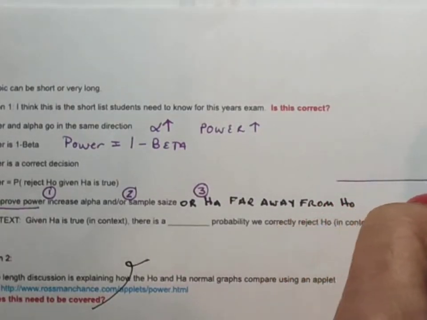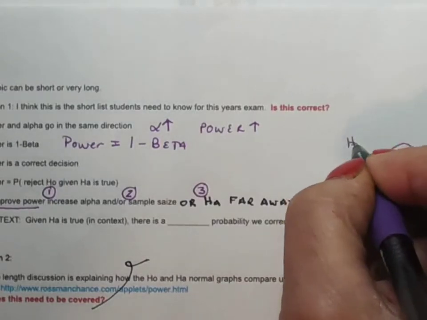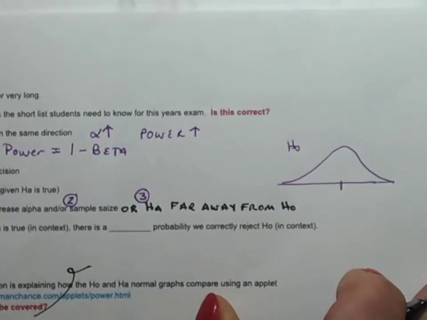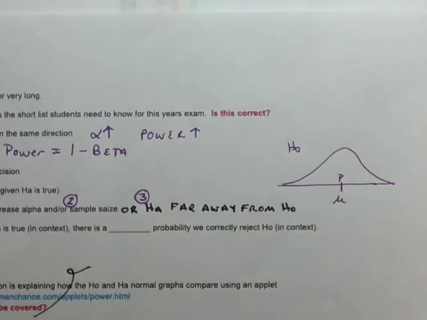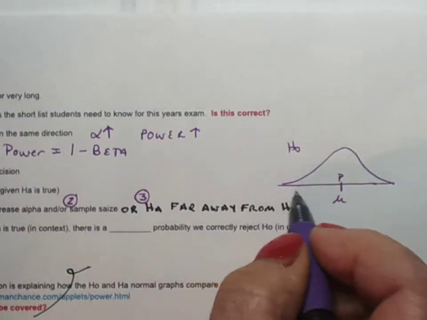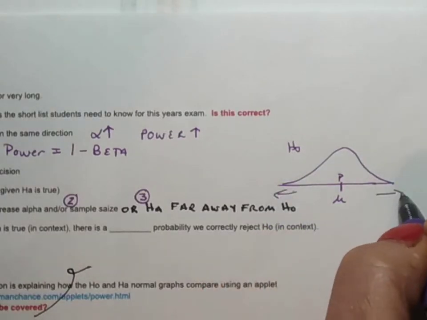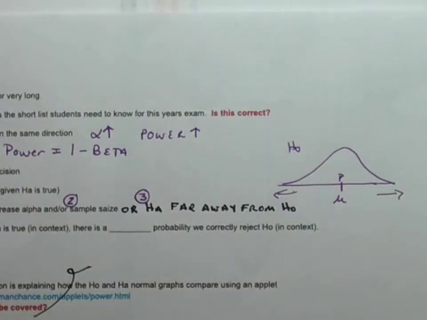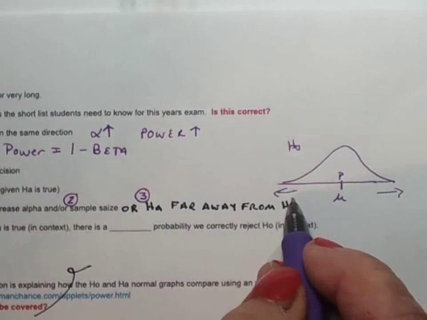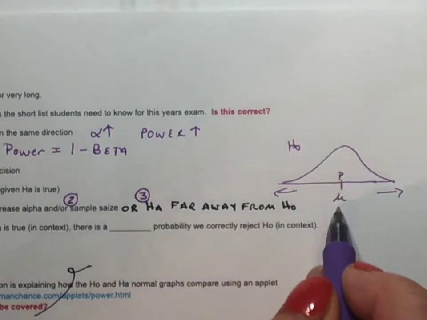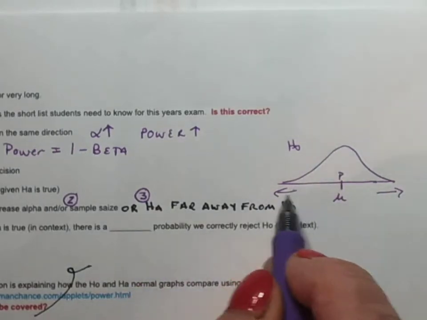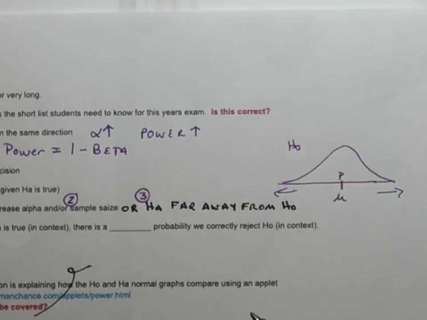So if you have, here's your null hypothesis, and you have p or mu, the further away our sample statistic is, or our alternative hypothesis is, from the population parameter, will increase power.